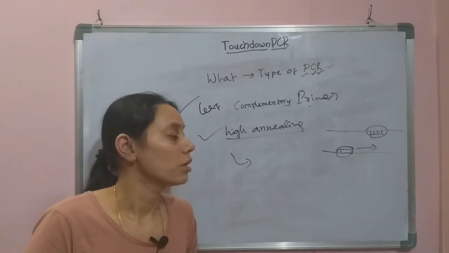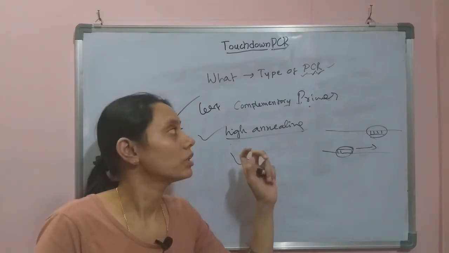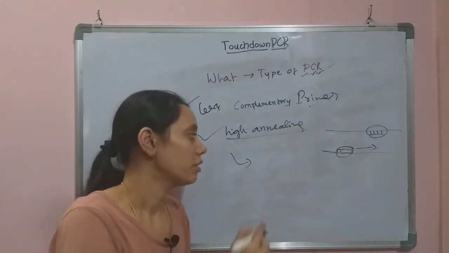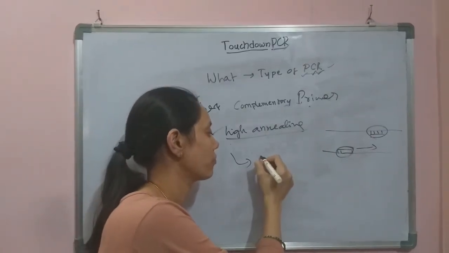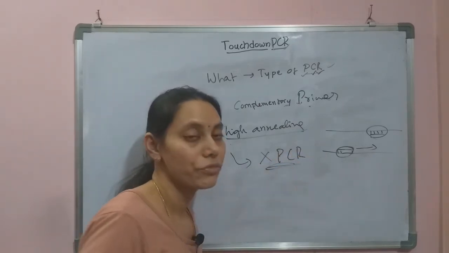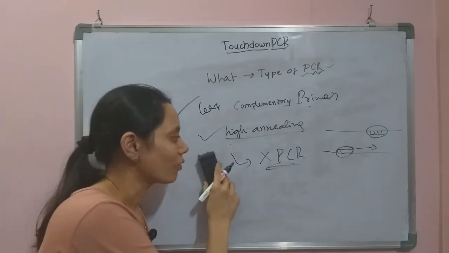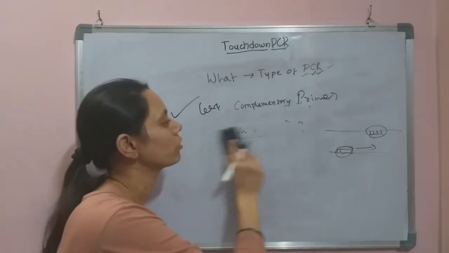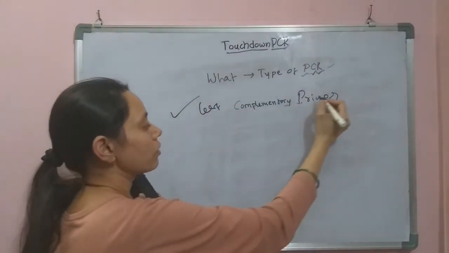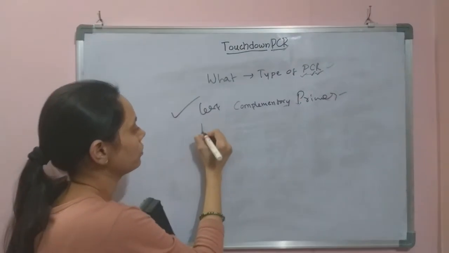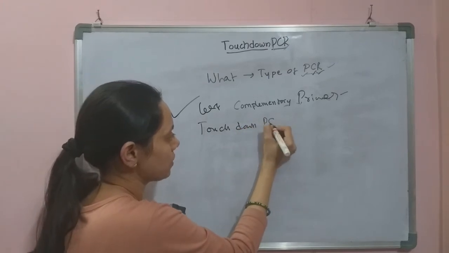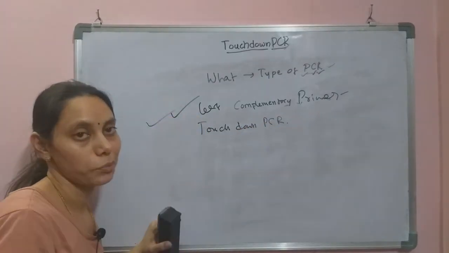So at high annealing temperatures with a low complementary primer, the result would be inhibition of the PCR reaction, and PCR amplification will not be possible. For those conditions, we use touchdown PCR. So while using less complementary primers, we need to go for touchdown PCR. That is the importance of touchdown PCR.